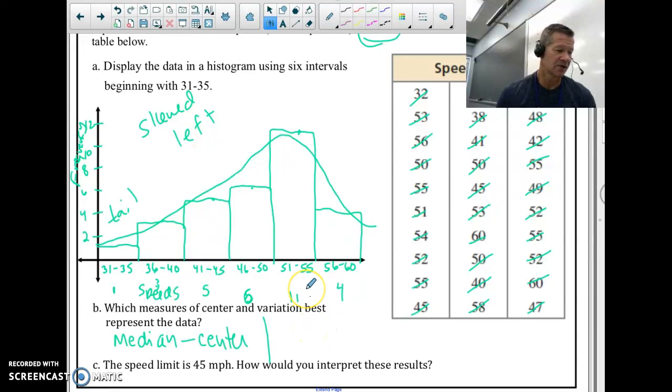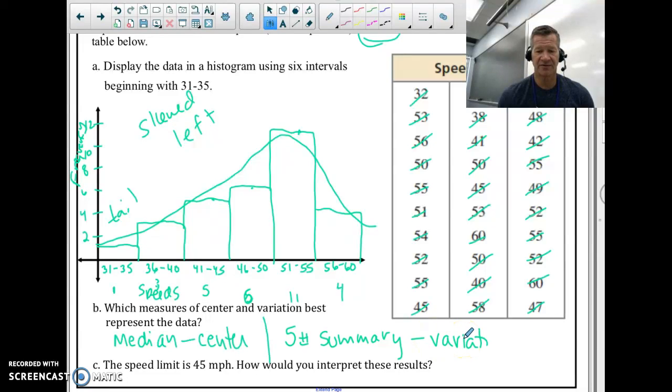So once again, because the data is skewed left, the best way to do this is with a 5-number summary. So to express the variation of the data, we're going to just use the 5-number summary, which means, remember, the least, the greatest, and then the 3 quartiles.